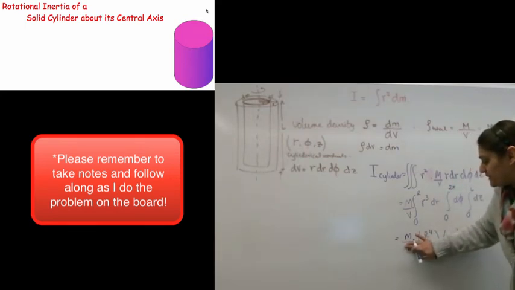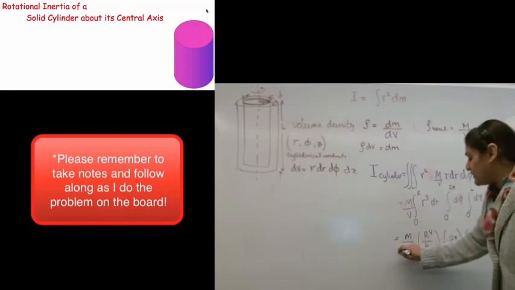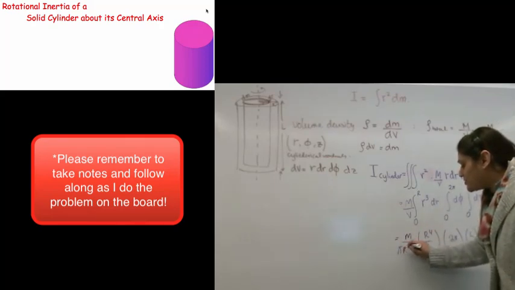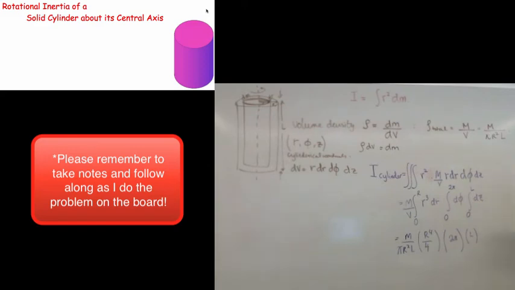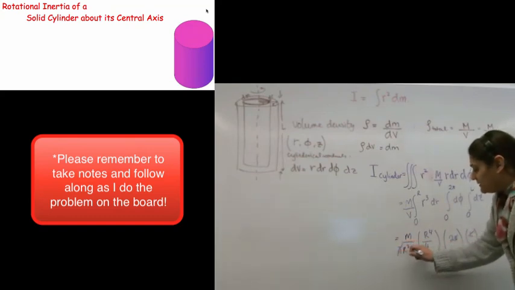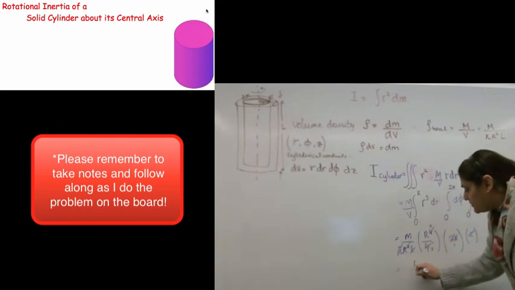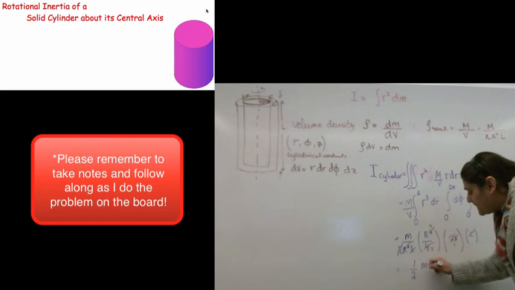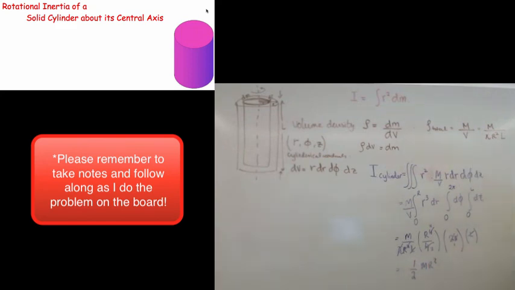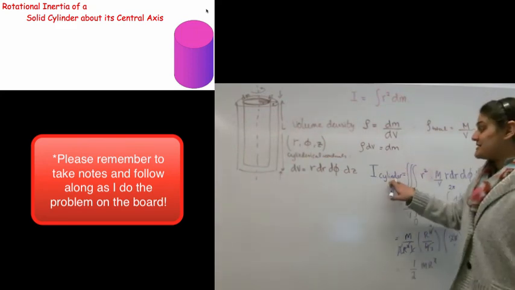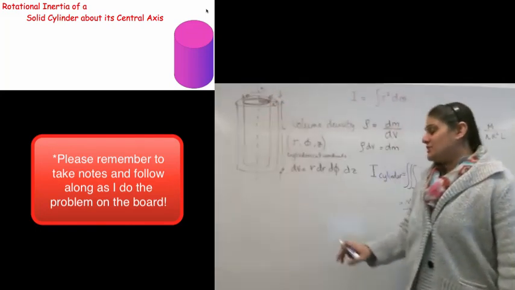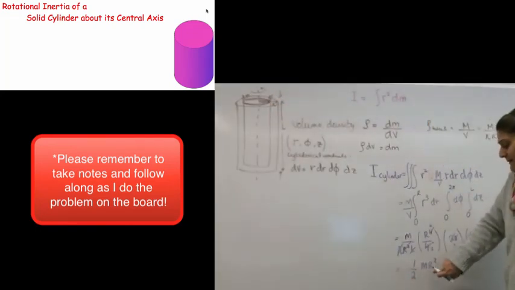It's going to be pi r squared L. So I took this and I plugged it into here. L goes away, pi goes away, r squared goes away, and what am I left with? 1 and 2, which equals 1/2 m r squared. So the moment of inertia of a solid cylinder about its center is given by 1/2 m r squared.